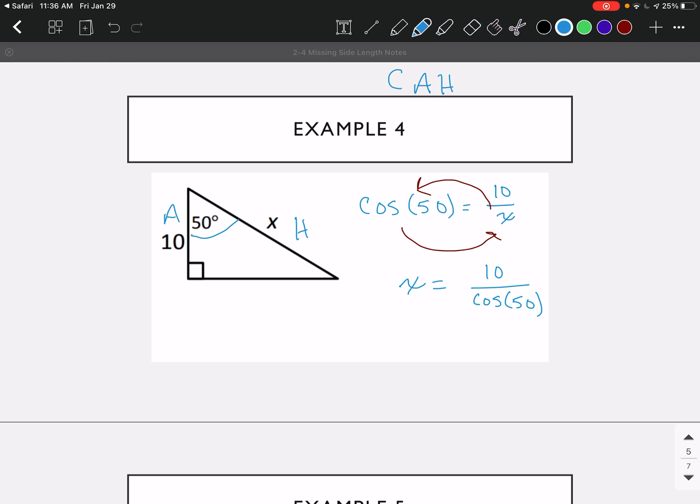In my calculator, we'll hit 10, divide, find the trig button, look for cosine, and then 50. So 10 divided by trig cosine 50, and we'll be left with 15.6. So x equals 15.6.